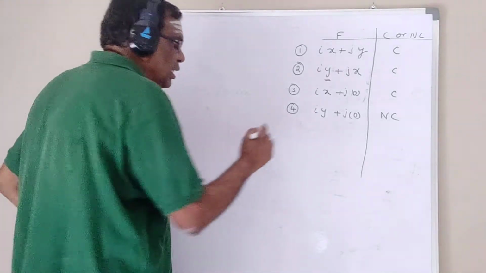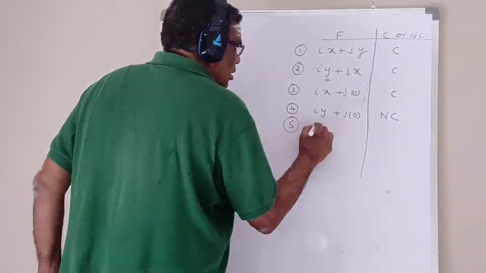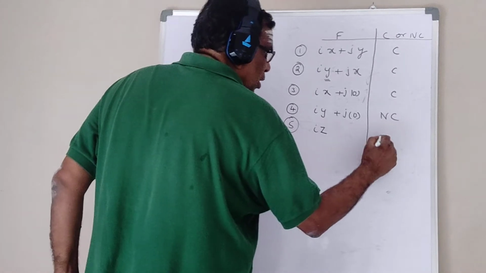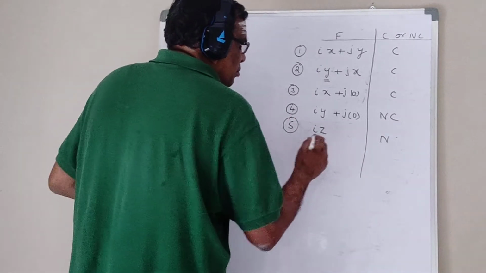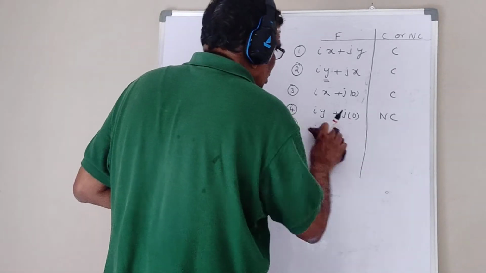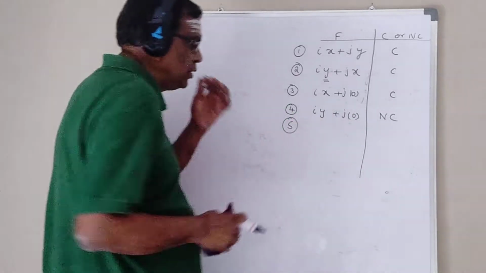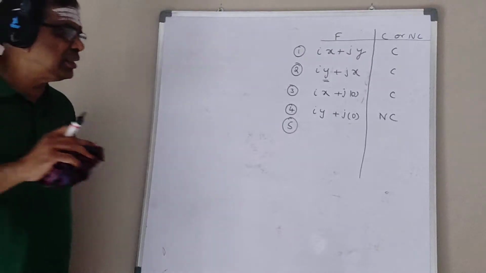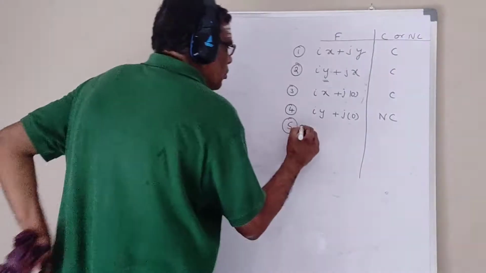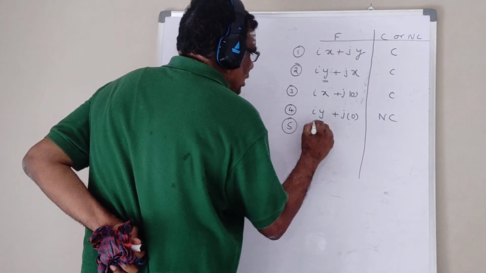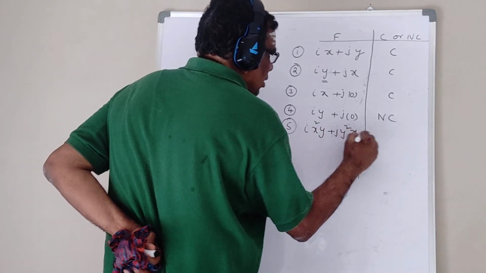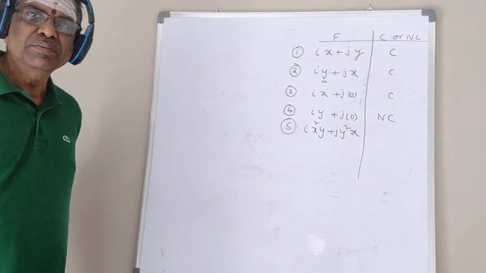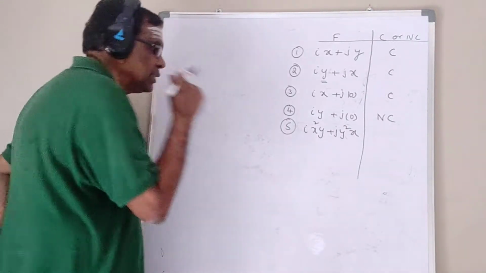Do you understand? If I give i z, then also, what is i z? Let us not get into JEE-level concepts; I think that will be slightly more for you. Take i x² y plus j y² x. Suppose that some function is given.